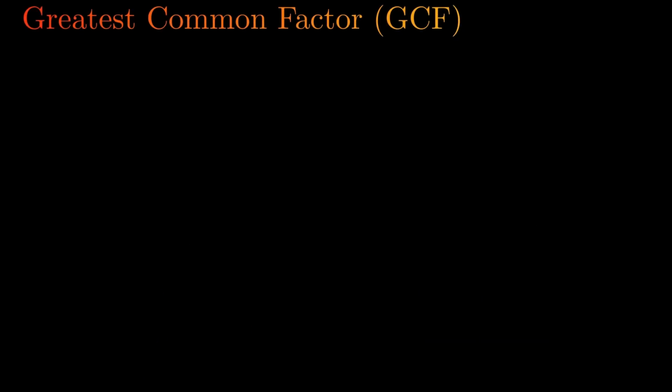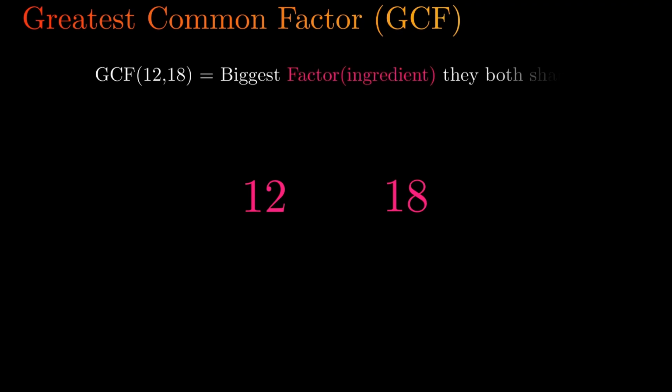Let's talk about the GCF, or greatest common factor. This is crucial for simplifying fractions later. Imagine you have two numbers, 12 and 18. The GCF is simply the biggest ingredient they both share. First, list the factors.